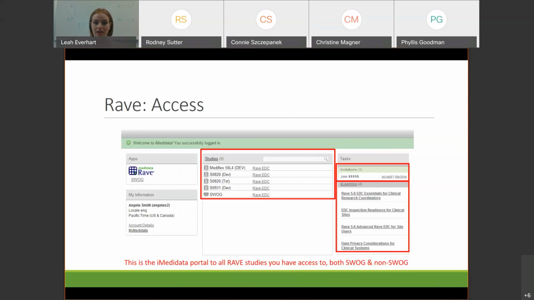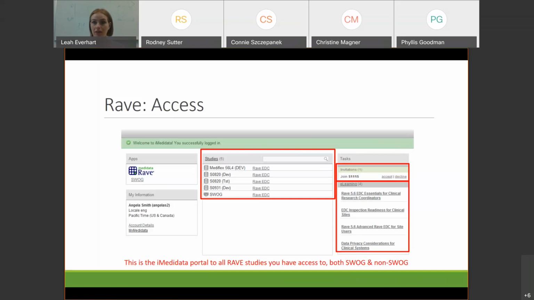So this is the iMedidata portal to all of the RAVE studies you have access to once you're logged in. And it'll include both SWOG and non-SWOG studies. You'll see on the right-hand side the tasks section, which is where you'll find any invitations to join studies, and also the e-learning section below that, which highlights any outstanding e-learning requirements, which might be necessary to access forms and enter data.